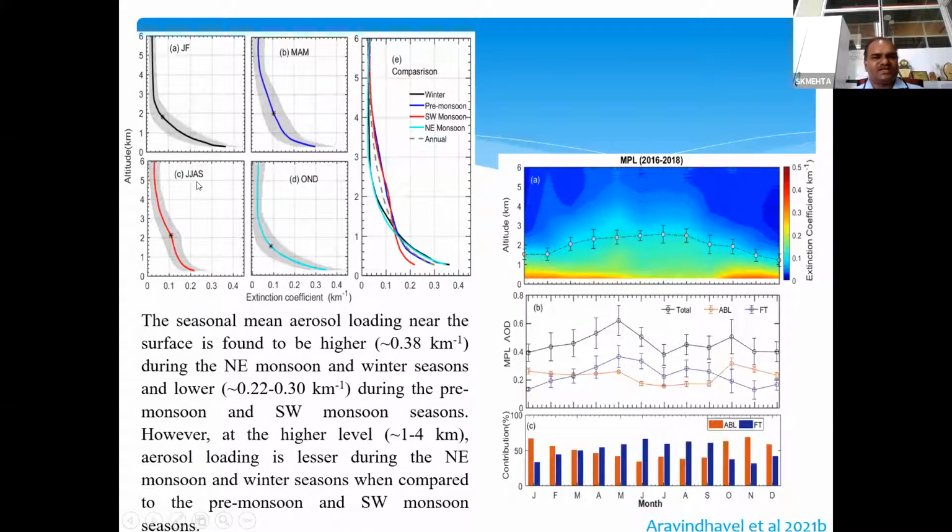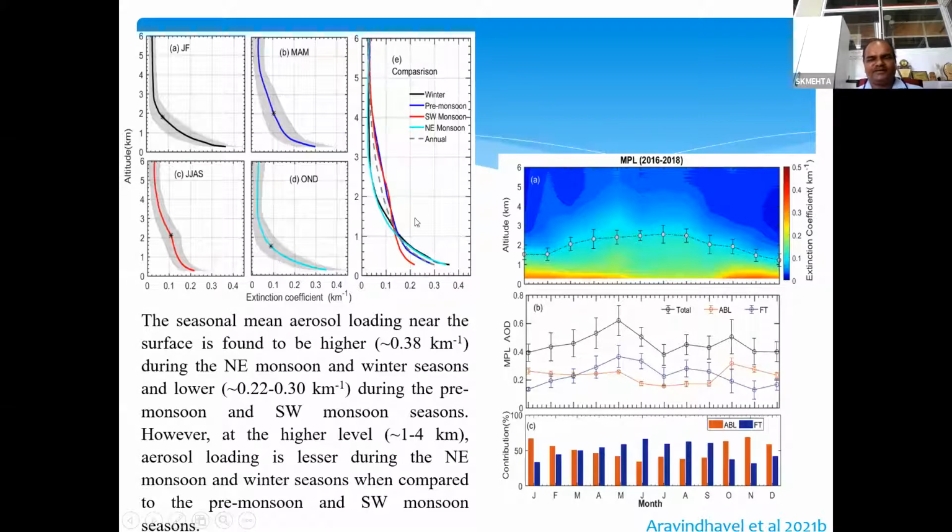Similarly, during this summer season, we have a different aerosol profile, and post monsoon is similar to the winter season. So when we plot it together, we see that there is a distinct structure between the aerosol profiles.